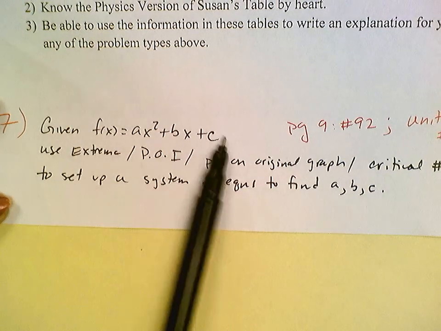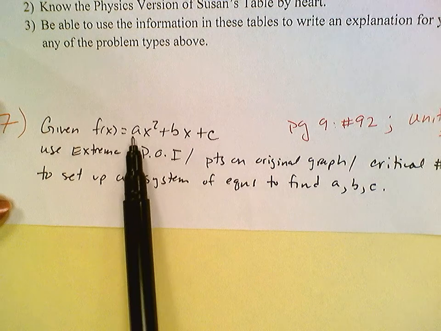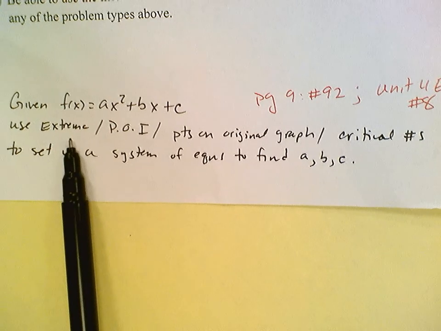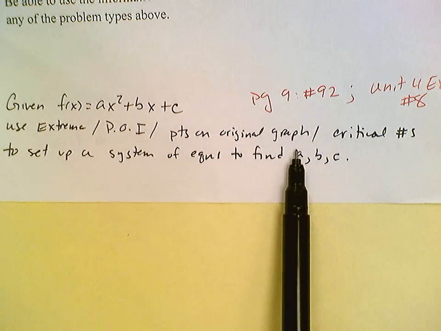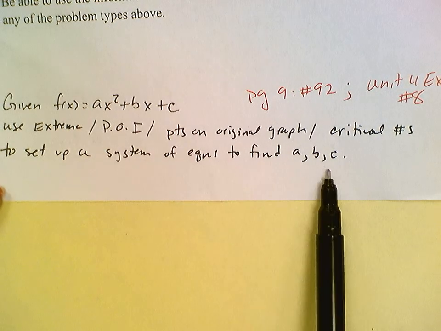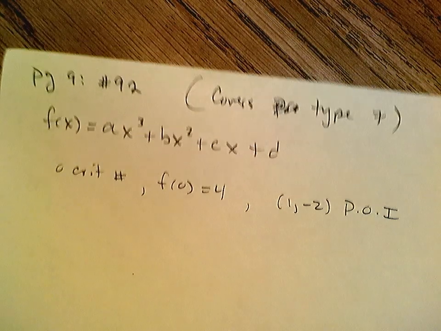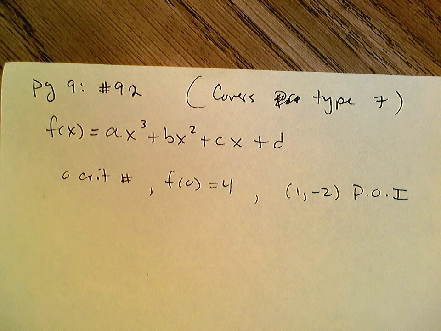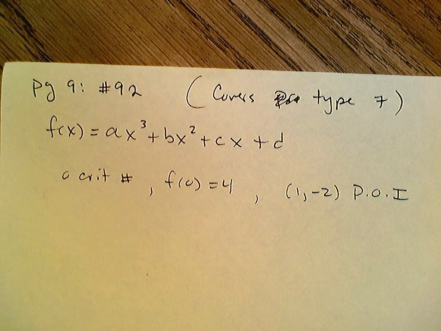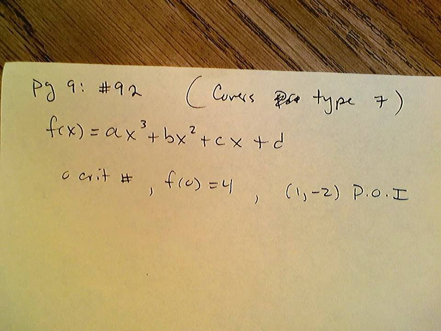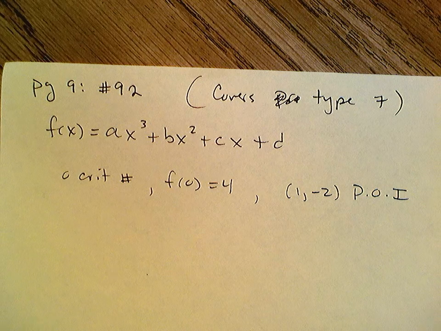So you'll be given some function like this, and using your knowledge about extrema, points of inflection, points on the original graph, critical numbers, or other things, you need to set up a system of equations to find a, b, and c. So this is page 9, number 92. And I think on this same page, number 91 is a similar problem, so you could practice that. And also, there's a problem like this on the practice exam I sent you, like the very last one.